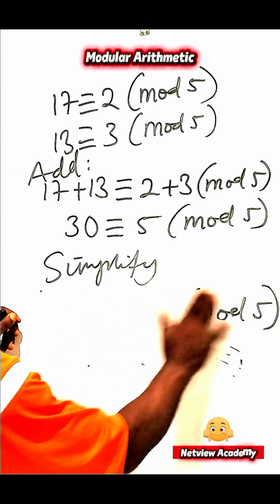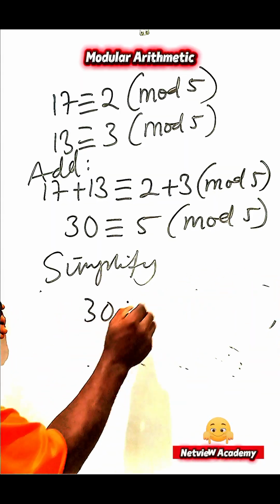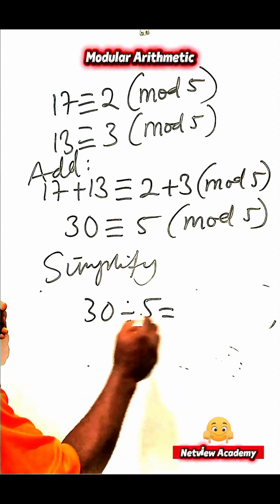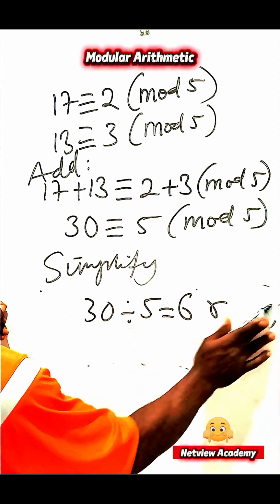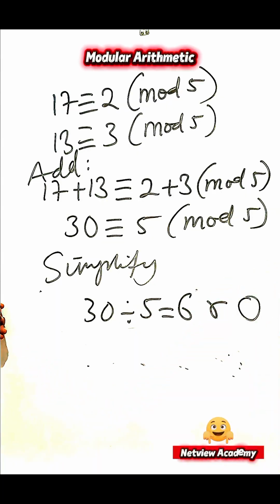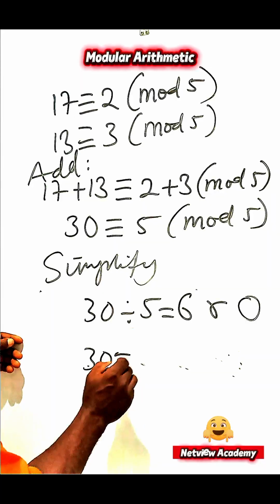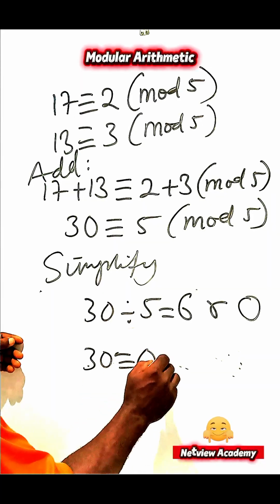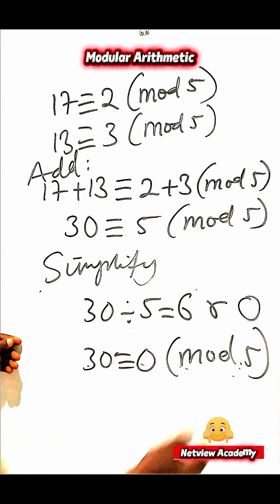Or let me put it this way. 30 divided by 5 is equal to 6, remainder 0. So this is represented as 30 is congruent to 0 modulus 5.